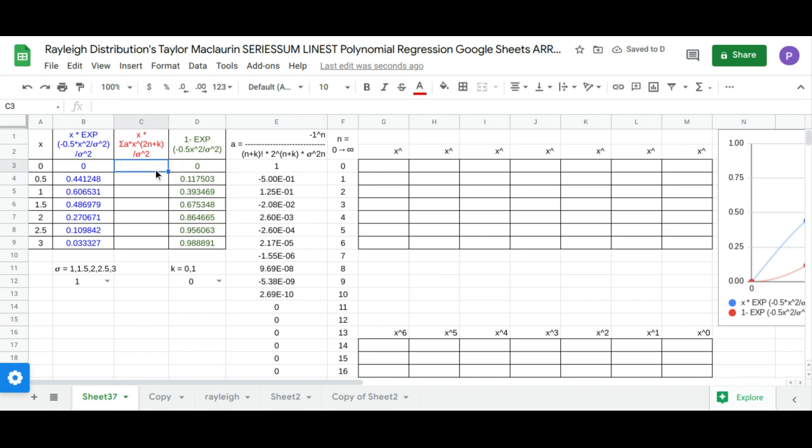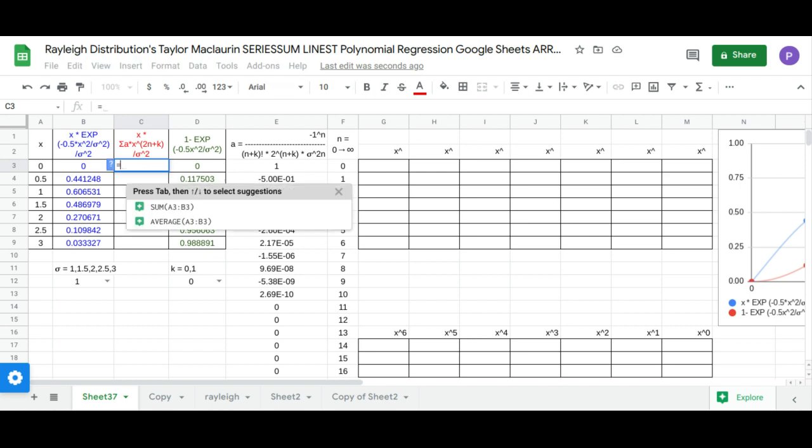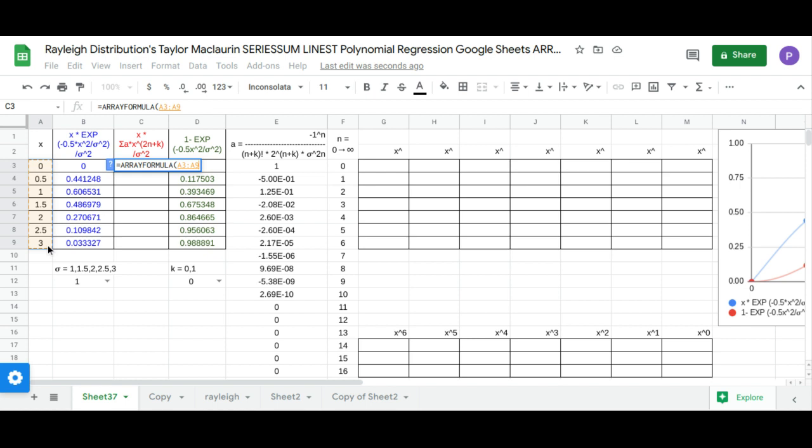Continue with the series sum now. So array formula of x times the series sum, the summation of a times x to the power 2n plus k. So x raised to the power 2n plus k, where 2n plus k starts from k, incremented by 2.